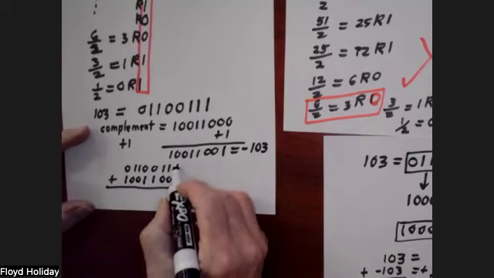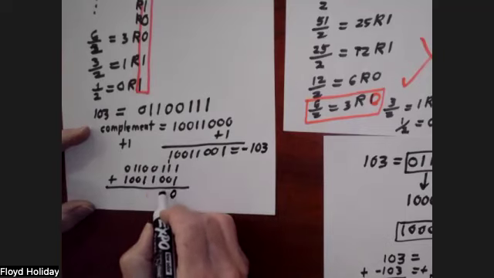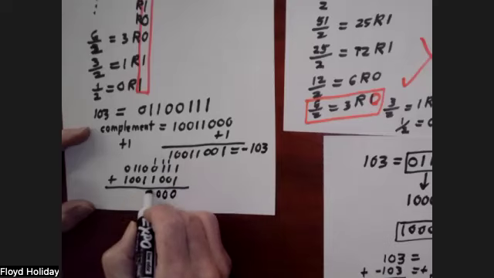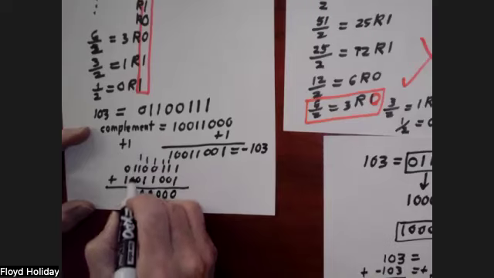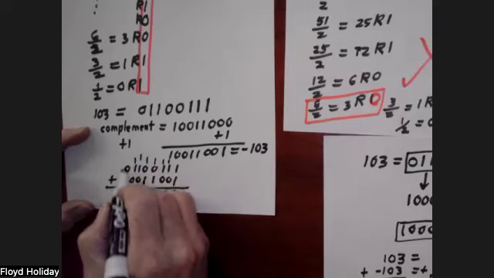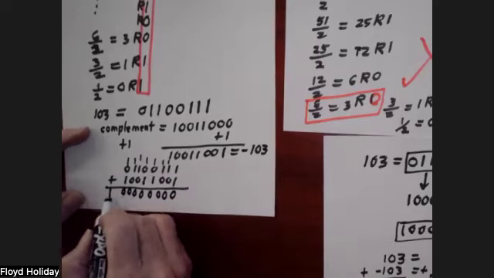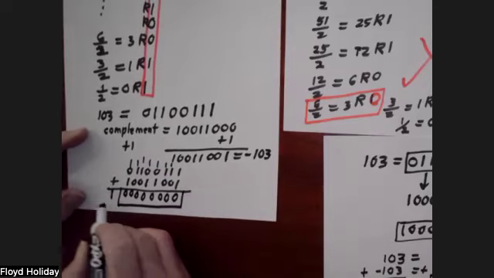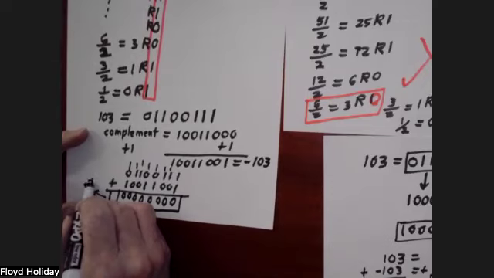You start over here, 0, you carry 1, 0, and you carry 1, all the way across, and 1 overflows. This is kept in the register, and this one goes off to our flags.